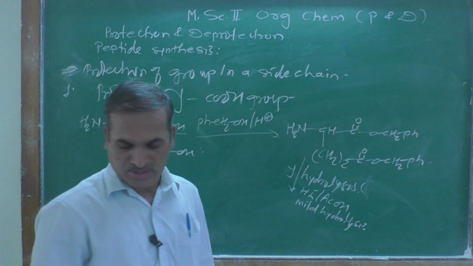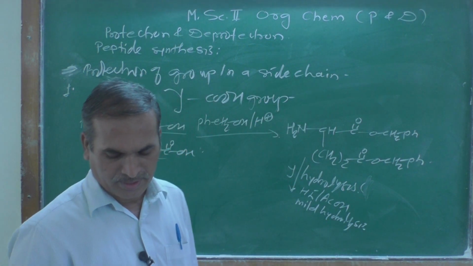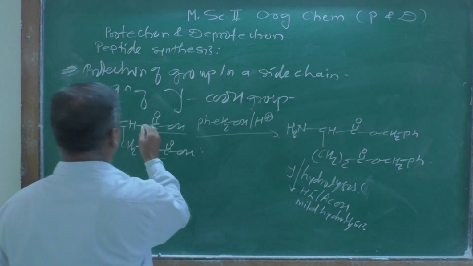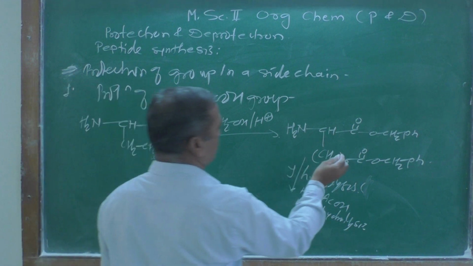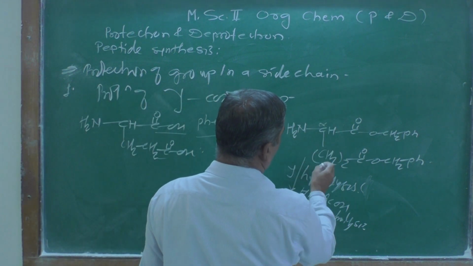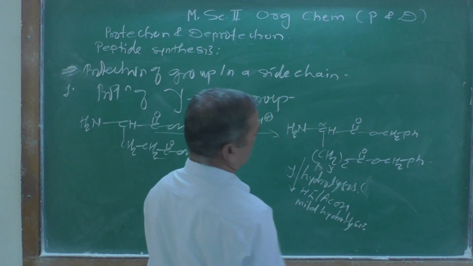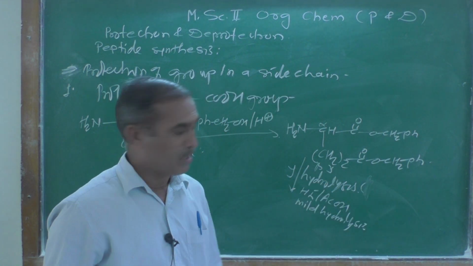Mild hydrolysis, what do you get? This one is alpha, and there are two CH2 groups, beta and gamma.